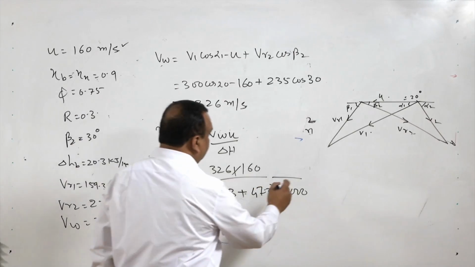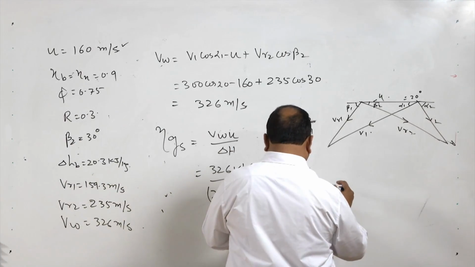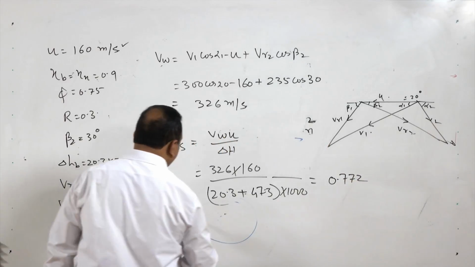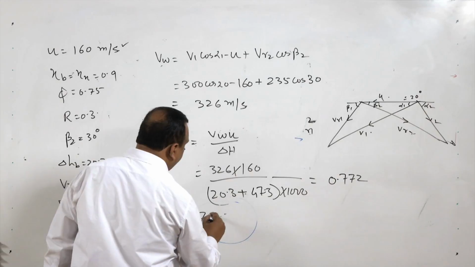So, this gives the efficiency as 0.772, or the gross stage efficiency of the turbine is 77.2%.